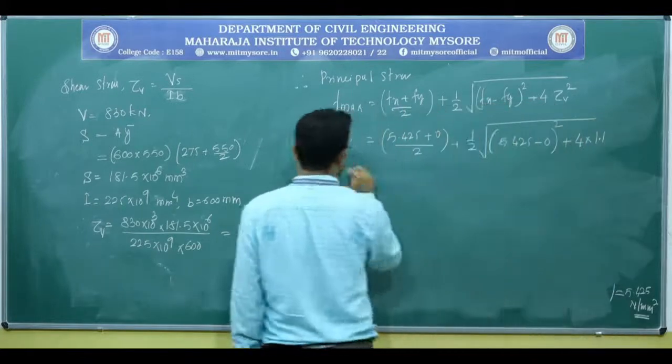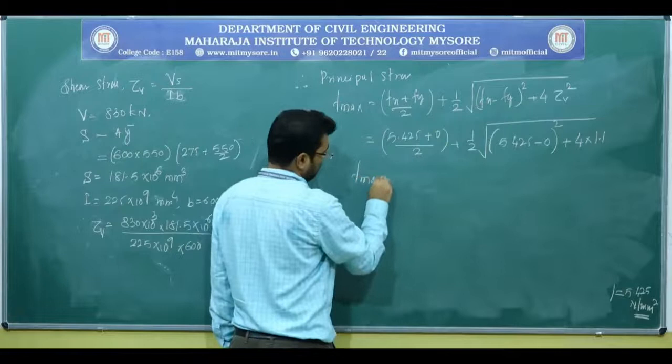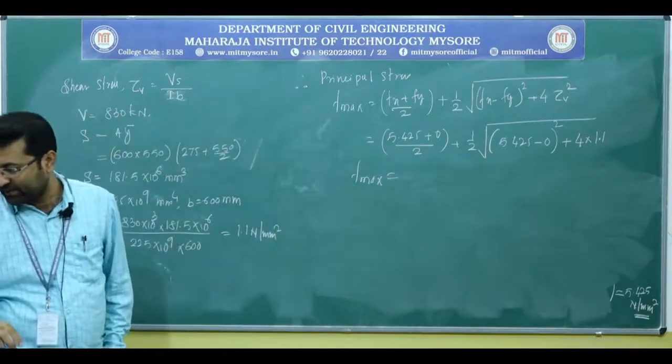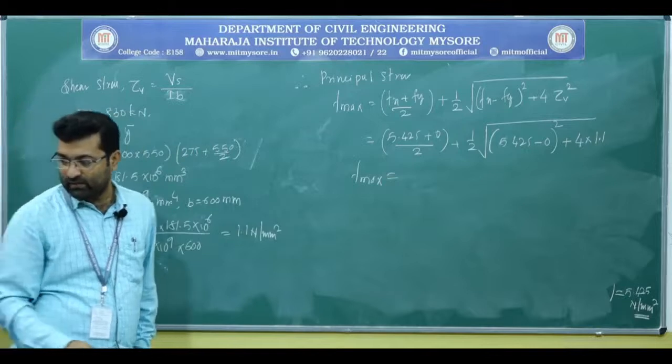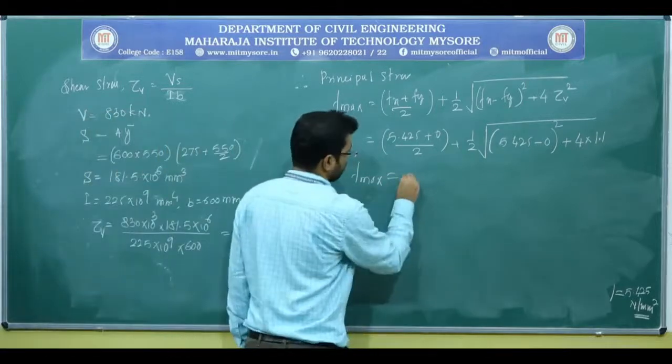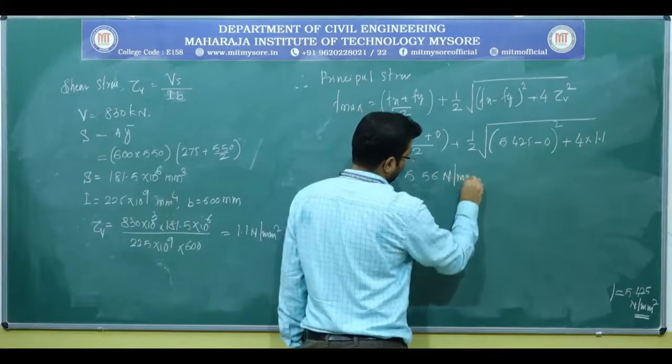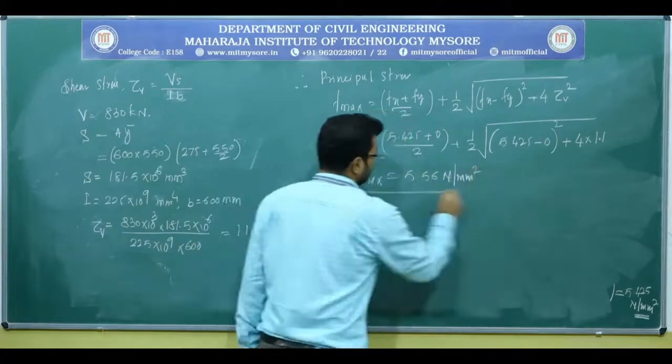So, this gives me a value of F max, that is maximum principal compressive stress, as 5.56 newtons per millimeter square.